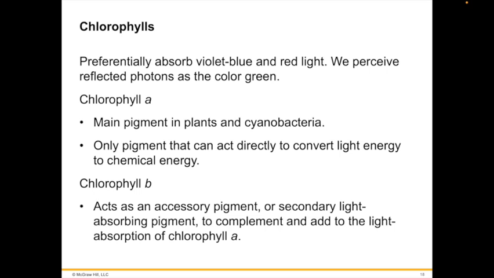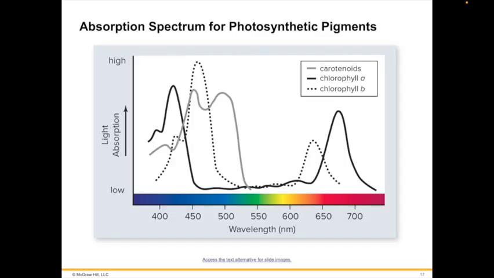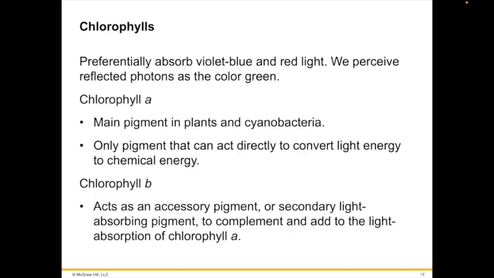Therefore, chlorophyll B can absorb photons that chlorophyll A cannot, greatly increasing the proportion of photons in sunlight that plants can harvest. In addition, a variety of different accessory pigments are found in plants, bacteria, and algae.